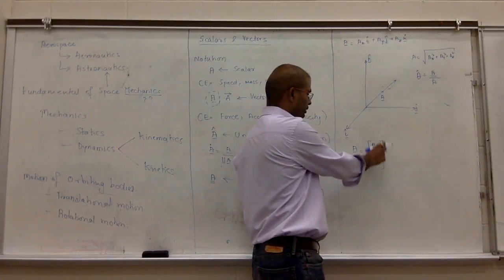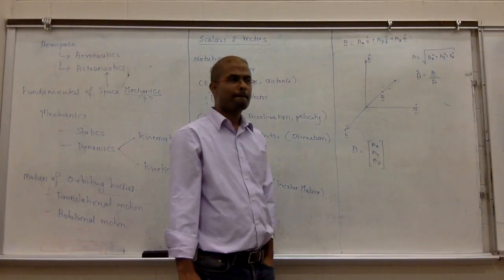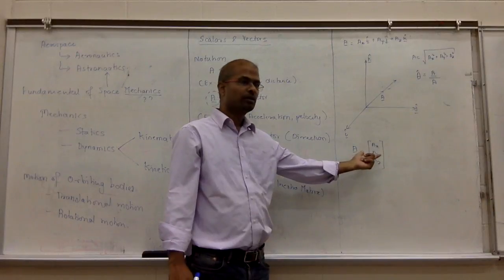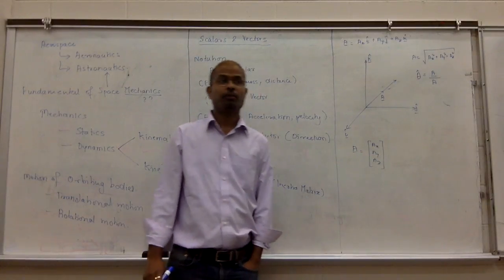Now tell me, what mathematical quantity is this? It's a column matrix, right? So vectors are represented in column matrices.